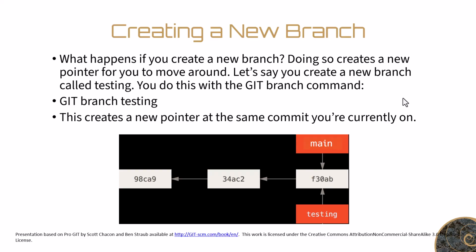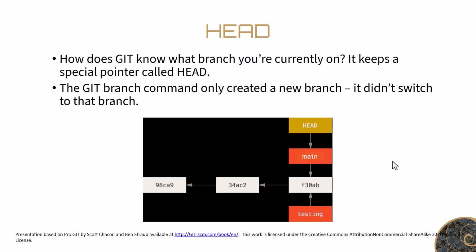So what happens if you create a new branch? Basically, a new branch is based on a previous branch. So you always start off with main. If you make a new one, for example testing, in this case testing is made off of main. Since main points to this commit, F30AB, testing is already pointing to that. And how does Git know which branch you're on?